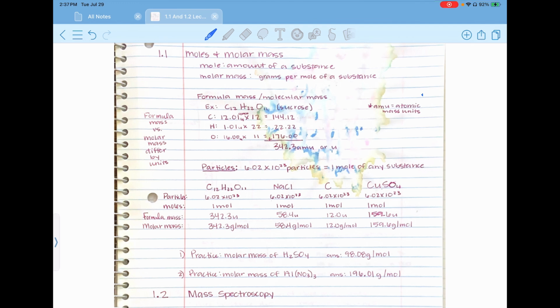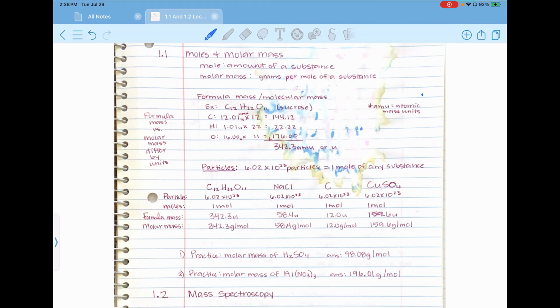Do the same for hydrogen, which has a mass of 1.01, 22 of those gives us 22.22. Oxygen is 16, 11 of those gives us 176. Now to get the total, we add all of those together to get the total mass of the whole sucrose molecule. So one sucrose molecule has a molar mass of 342.3.